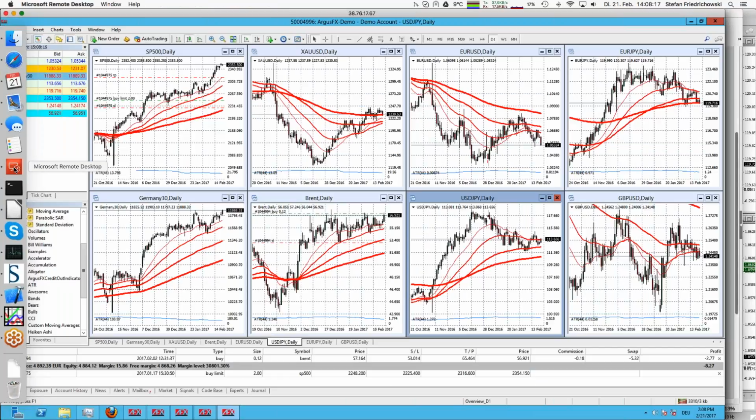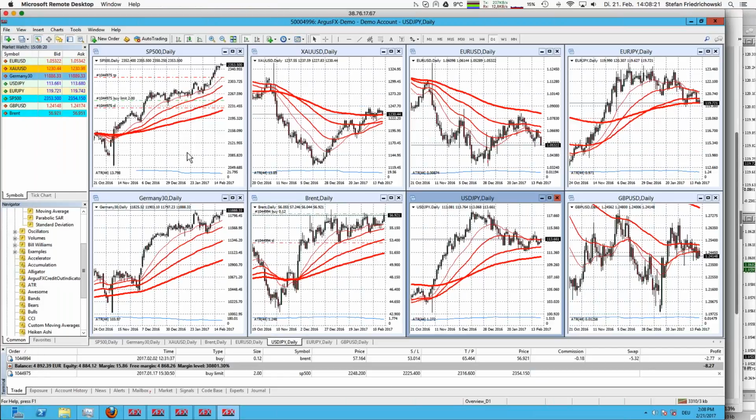something quite obvious. I have created so-called profiles with my 8 underlyings, and within all 8 underlyings I have those 4 EMAs, as you can see here on my screen. And now everything is ready to be traded.